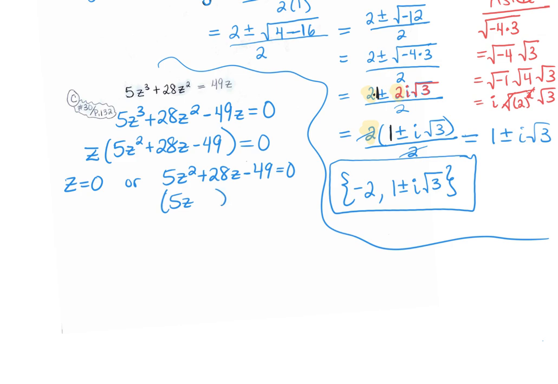I'm going to factor it because whenever we look at these numbers, 5 is a prime number, which means it's only divisible by 1 and the number itself, 5. 49 can only factor as 49 and 1, or positive 7 and negative 7, or vice versa, flipping the signs. That's the only option. That's why I'm choosing to factor.